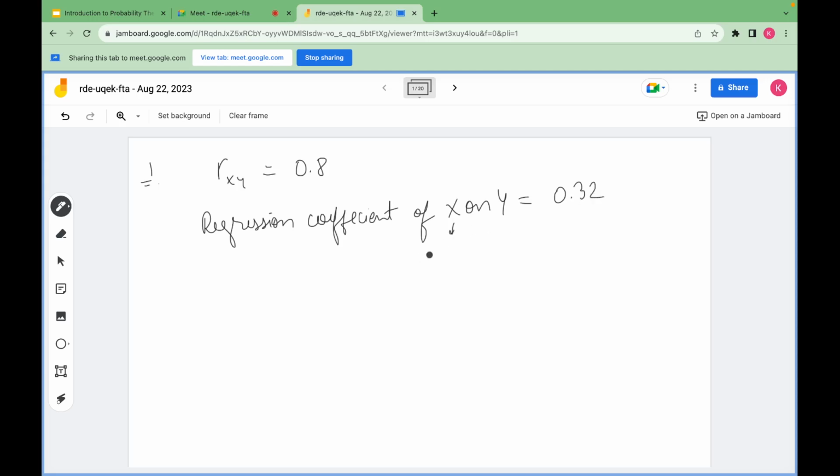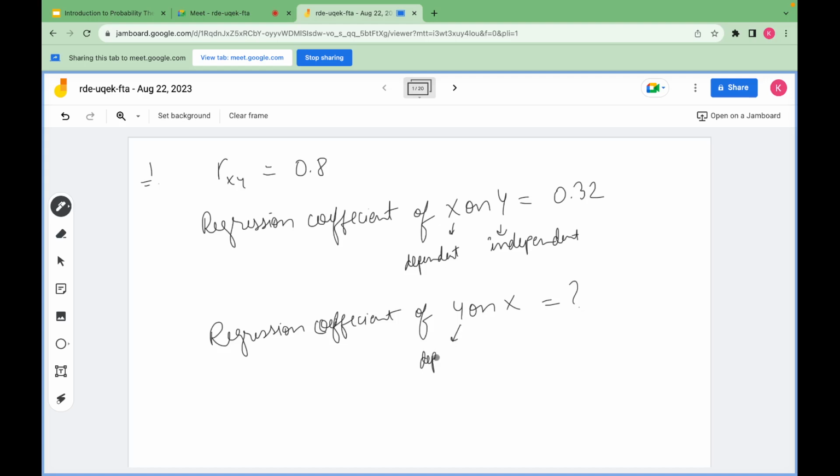This means that x is dependent and y is independent. We need to find the regression coefficient of y on x, where y is dependent and x is independent.